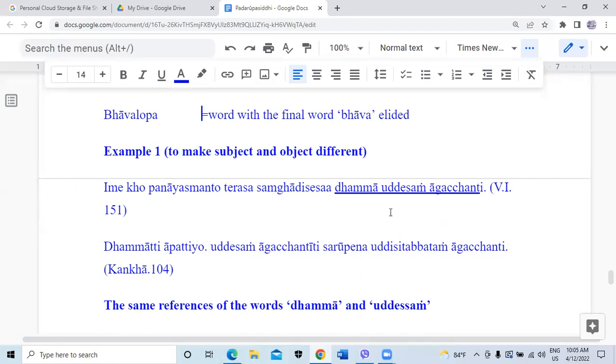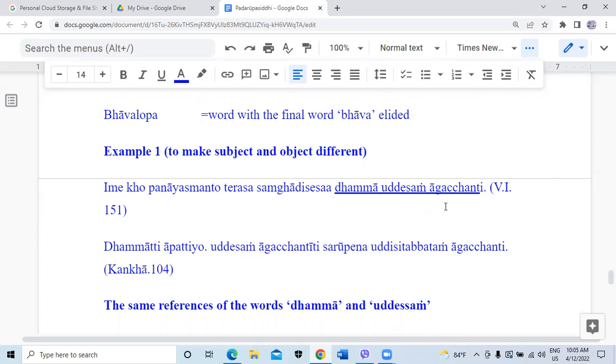In this sentence, agachanti is the main verb. In this case, agachanti does not mean come. It should mean something like reach. Agachanti, reach or arrive at this.